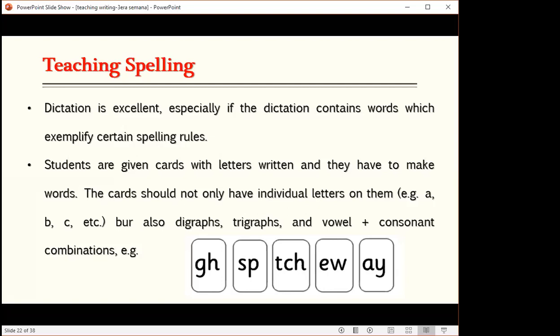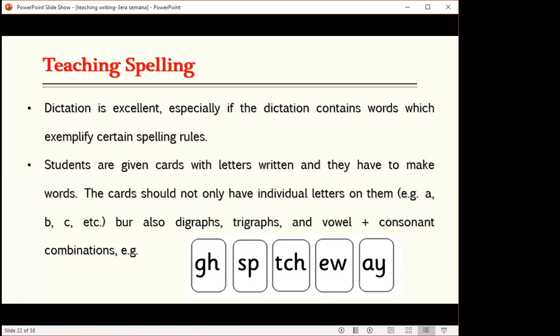Do we have any word in Spanish that starts with the letters STR, or that sounds like that? Is there any word in Spanish that starts with this group of letters? No, right? So we don't have these kinds of combinations.